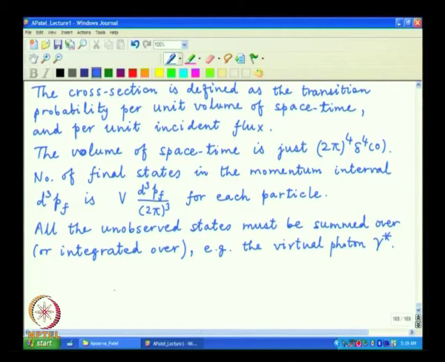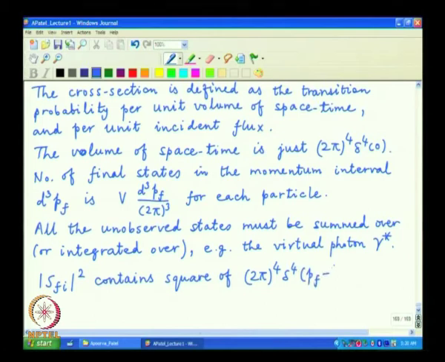So, the probability, S f I square, will contain the square of the delta function, but this has to be given proper meaning.